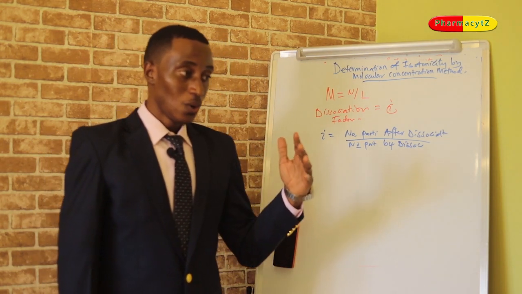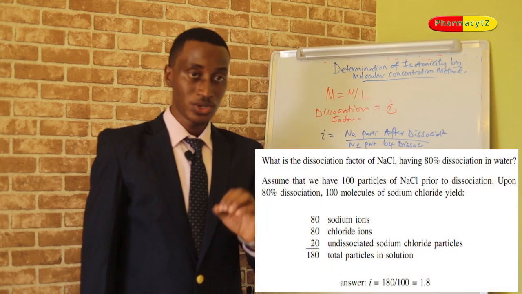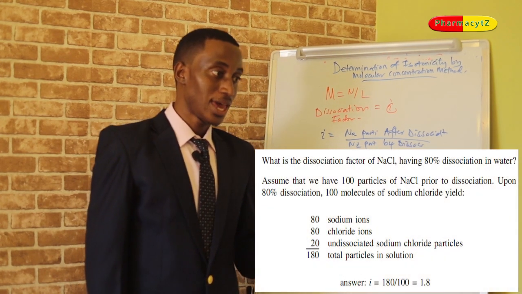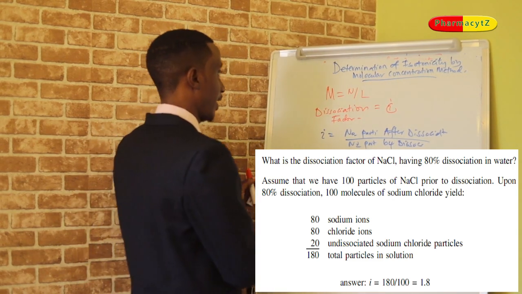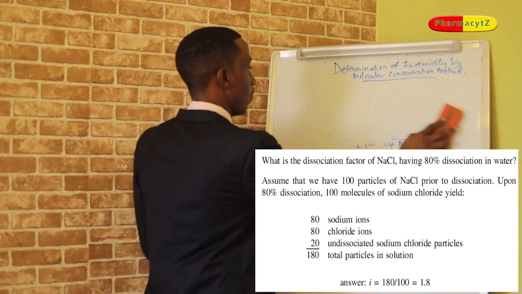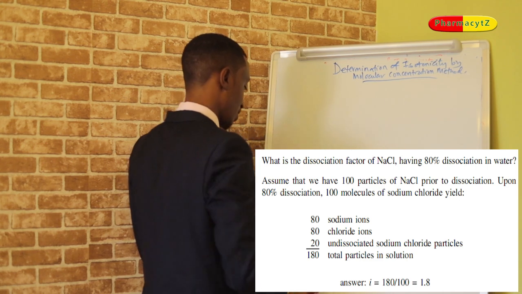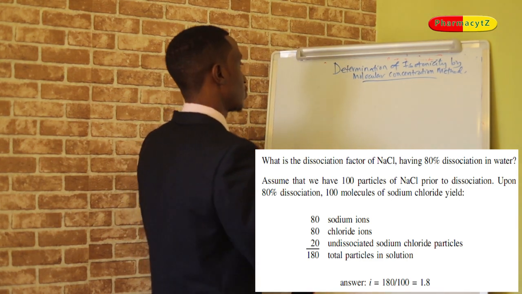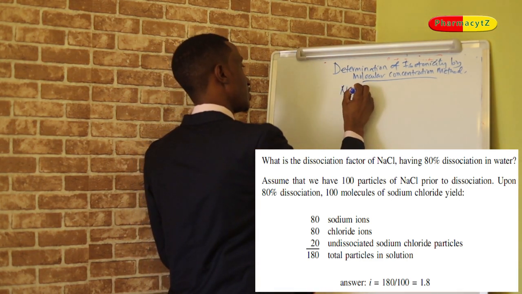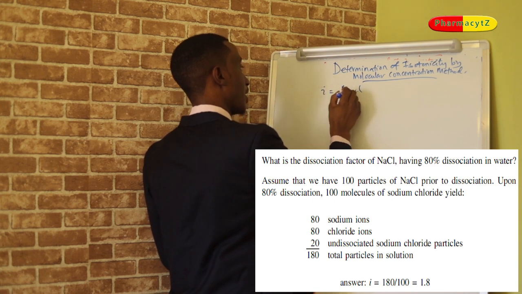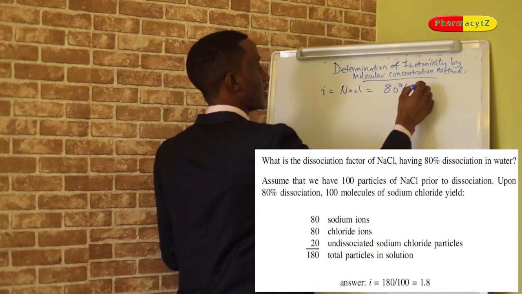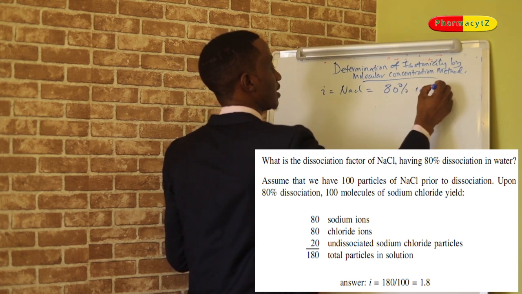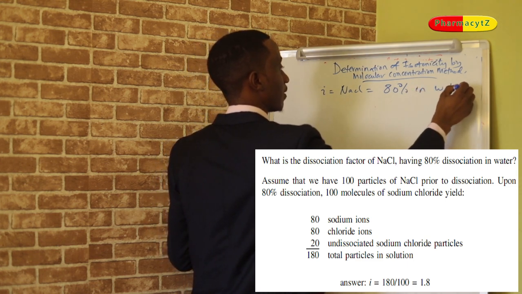Example 1: what is the dissociation factor of sodium chloride having 80% dissociation in water? So we need the dissociation factor of sodium chloride having 80% of particles dissociated in water.